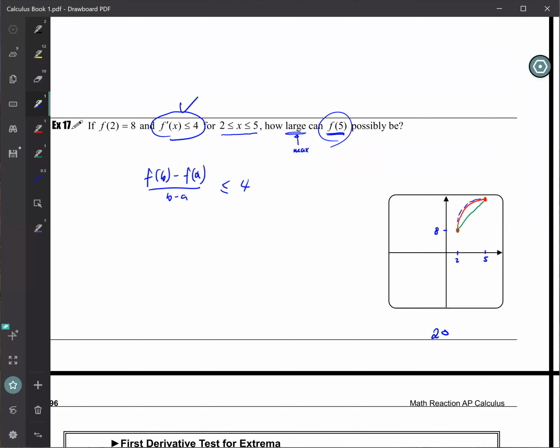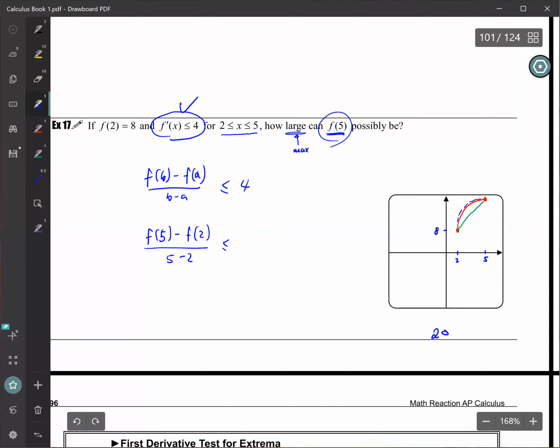So we just sub it in, right? f of b is 5. (f(5) minus f(2)) over (5 minus 2) is less than or equal to 4. And f of 2 is given, right? Minus 8, over 3, less than or equal to 4. And then from there, you isolate f of 5.